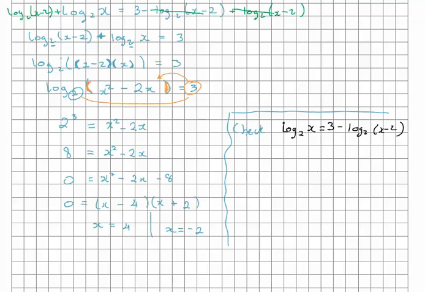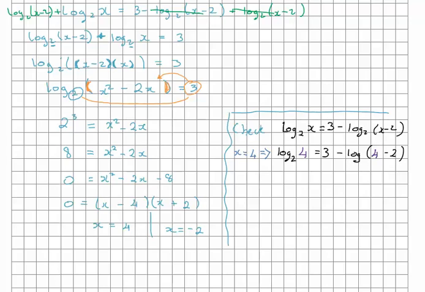We're going to put that in and check. So it's log to the base 2 of 4 equals 3 minus log to the base 2 of 4 minus 2. So I'm subbing in 4 here for x and 4 there for x.